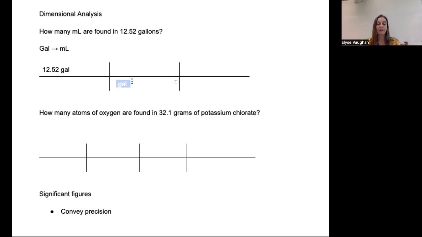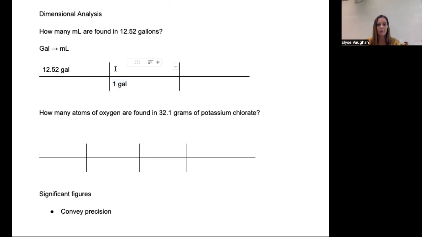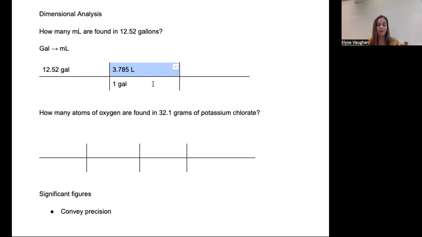So I'm going to put gallons on the bottom. So I know that there's 1 gallon equals 3.785 liters. And so by putting that conversion factor in, I now know that my gallons are going to cancel out and I'm going to have liters.